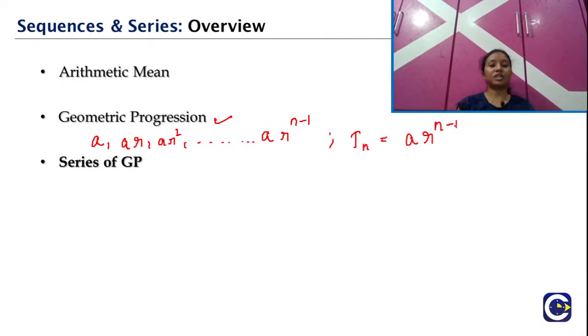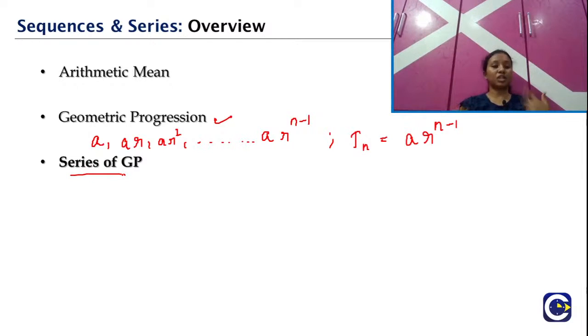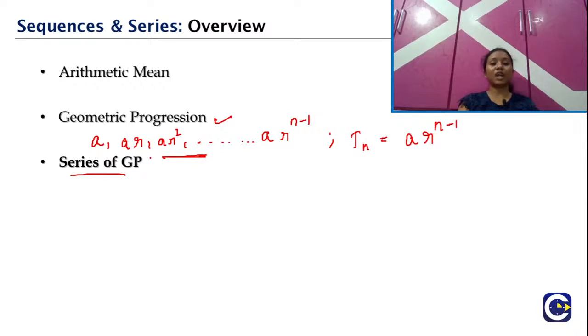Coming to today's session, we are going to start with the series of GP. As we know, a series is nothing but the sum of all the terms present in the sequence. So this is our standard GP, and we have to find the series of this GP.